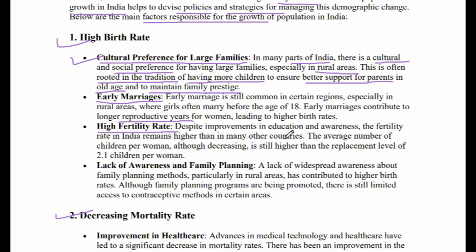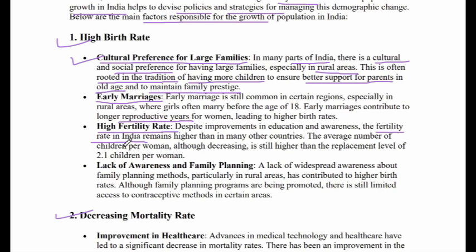Now, despite improvement in education and awareness, the fertility rate in India remains higher than in many other countries. Fertility means how many women can give birth in 1000.